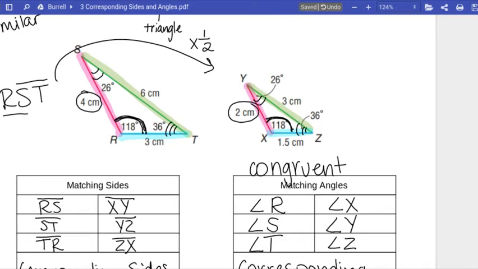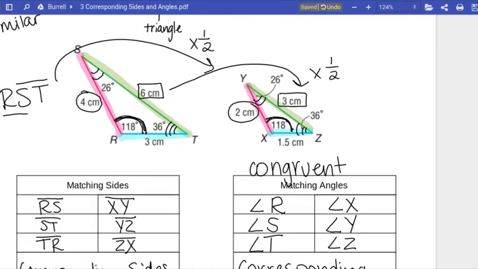Let's see if that relationship continues. Looking at ST, ST is 6 centimeters. YZ is 3 centimeters. Well, 3 is half of 6 as well.